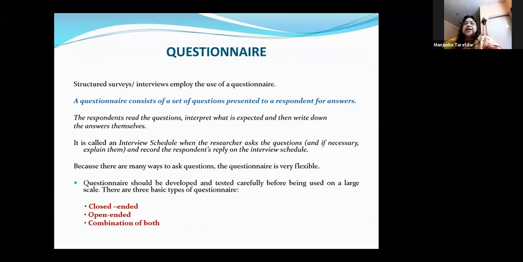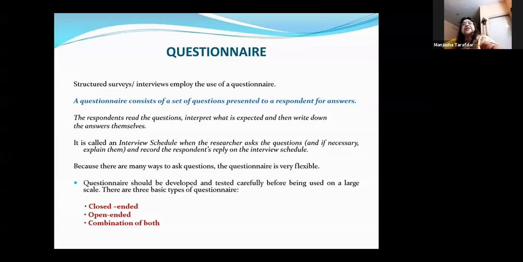A questionnaire consists of a set of questions presented to a respondent for answer. The respondent reads the questions, interprets what is expected, and then writes down the answers themselves.